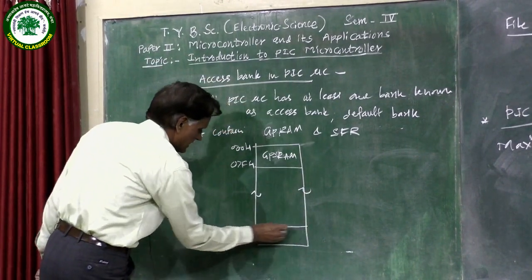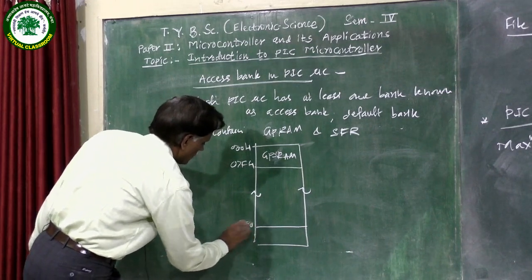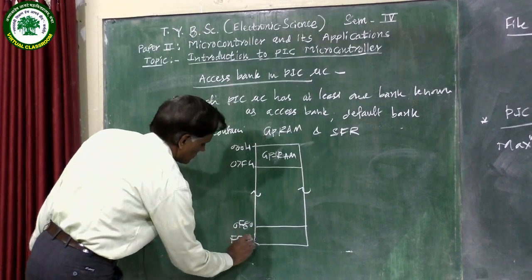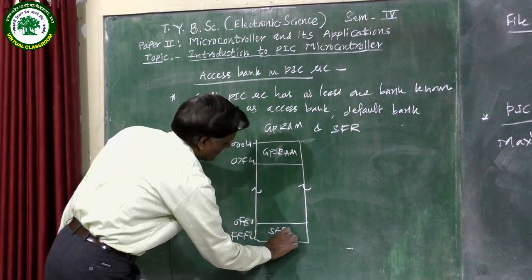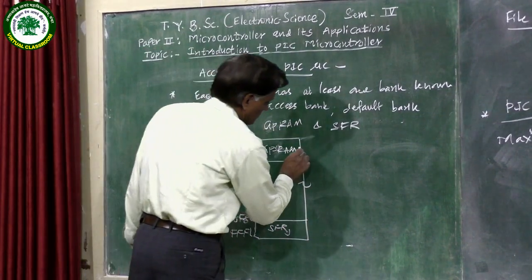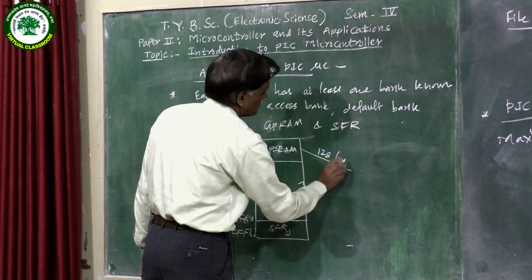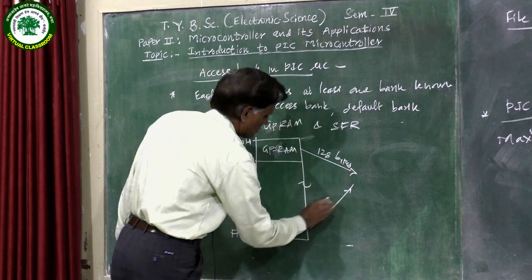While the last memory area, F80H to FFFH, is related with SFR. These are 128 bytes, and these are also 128 bytes.